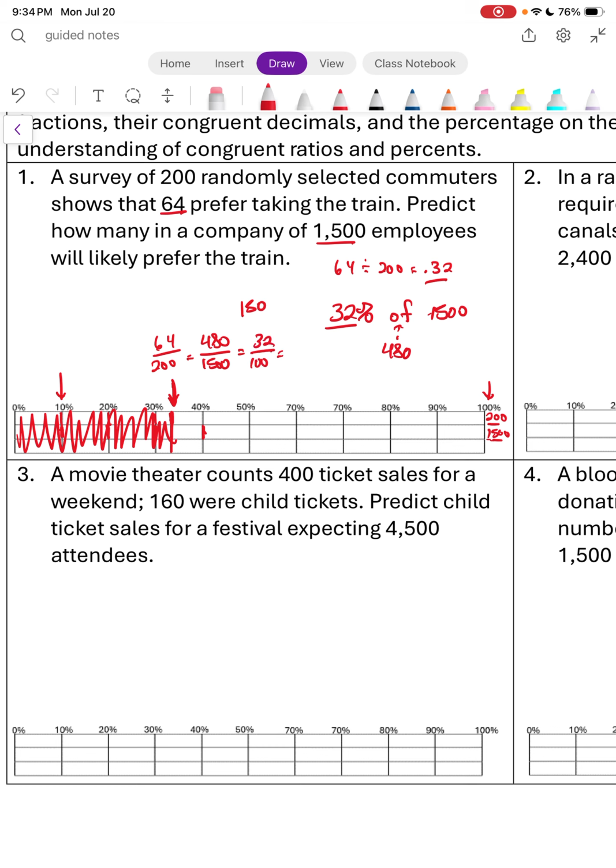Why? Because we wrote it as a decimal, as a percent. All of these things mean the exact same thing. And I'm going to come over here, and for my final bar, I'm going to put 100.